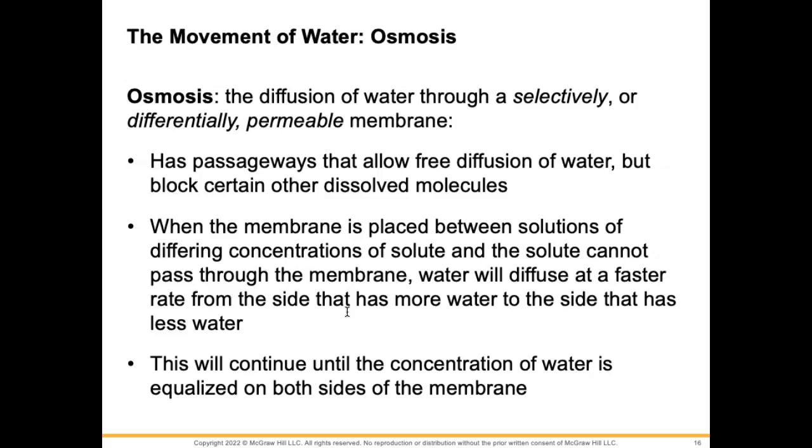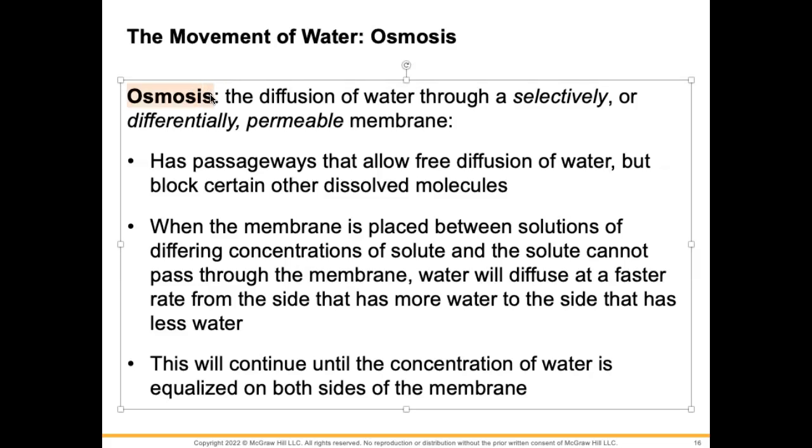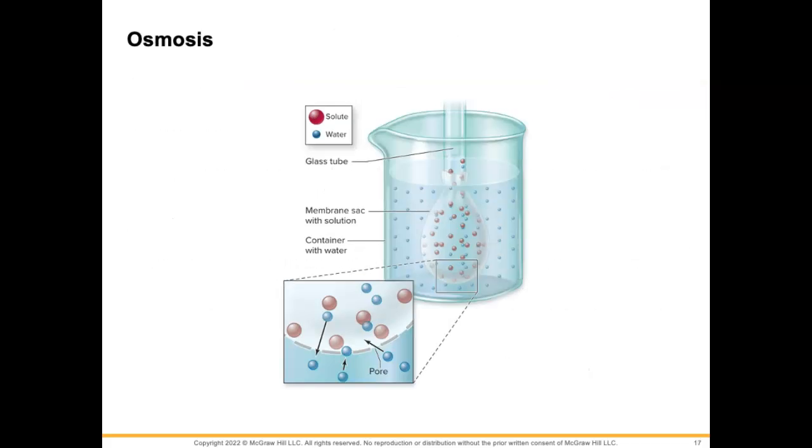So from high concentration of water to low concentration of water. That's osmosis, the movement of water from high concentration of water to low concentration of water. And this will continue until the concentration of water is equal on both sides of the membrane.